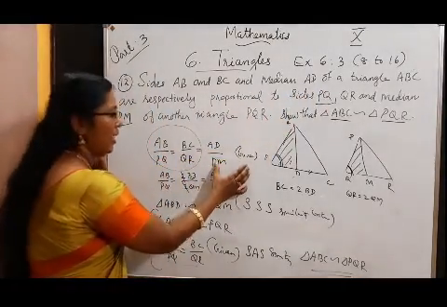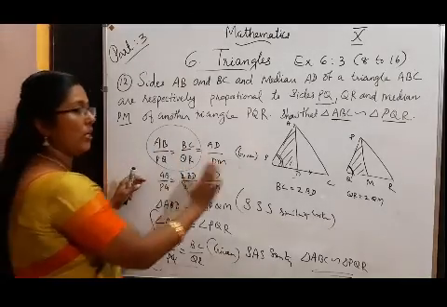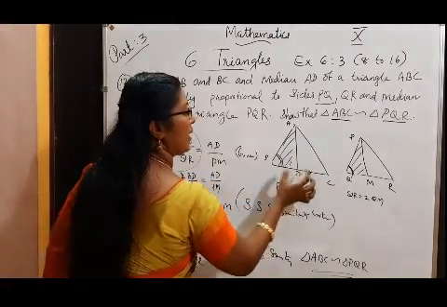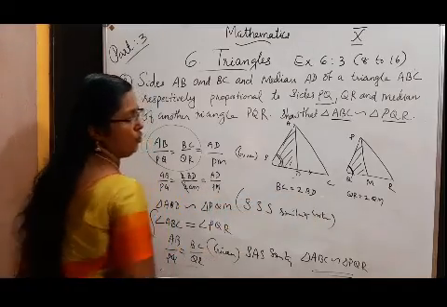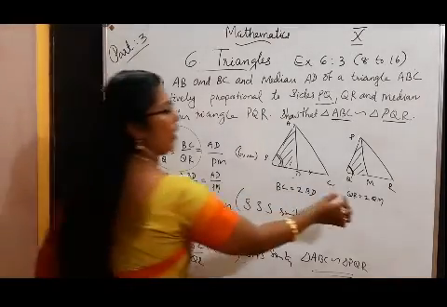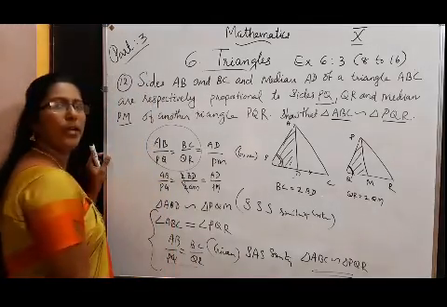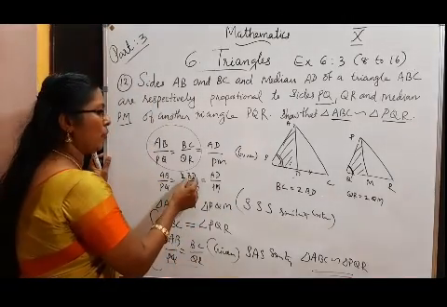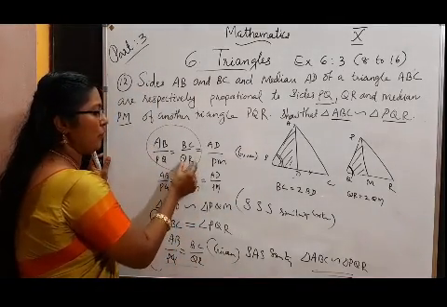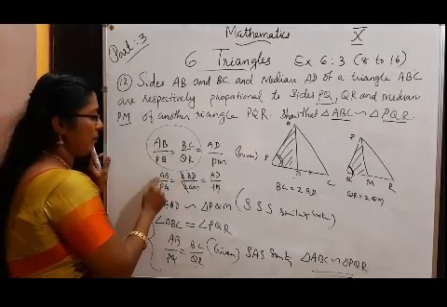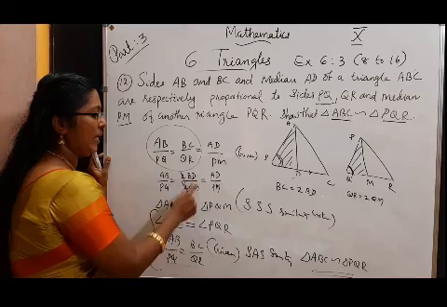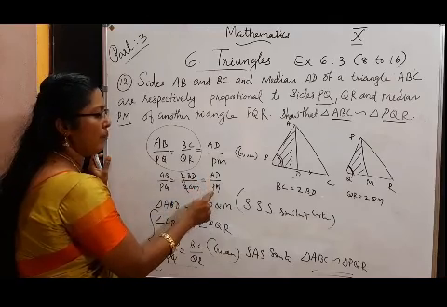Also given, D is the midpoint, so BC equals 2BD and QR equals 2QM. Substituting 2BD and 2QM, the 2 cancels, giving AB by PQ, BD by QM and AD by PM.